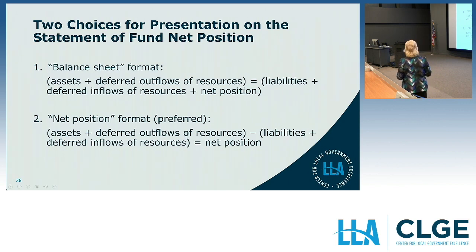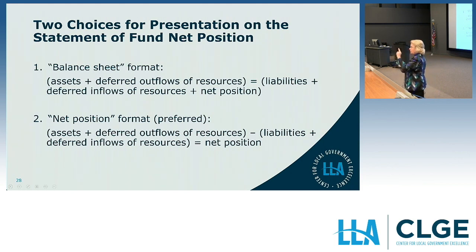It's the same equation. On these, the GASB realizes there are old dogs, and so sometimes we don't like to learn new tricks, so they give us 2 equations on how we can present our balance sheet.